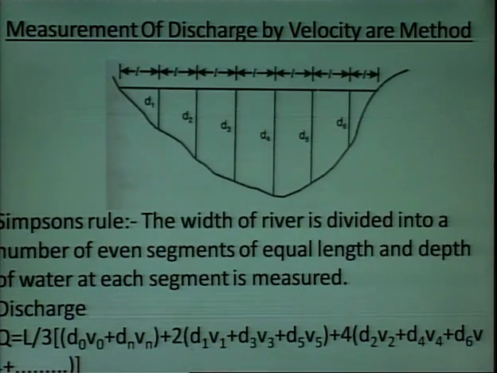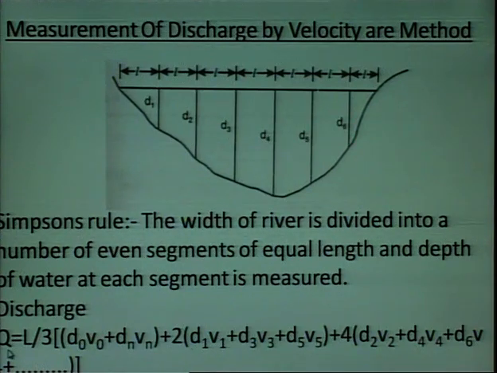Then measurement of discharge by the second method, which is also a velocity area method. Simpson's rule is applied here. The width of the river is divided into a number of even segments of equal length and the depth of the water at each segment is measured.